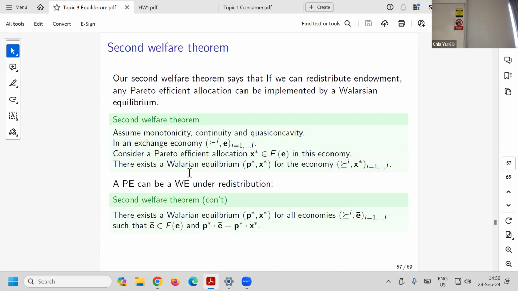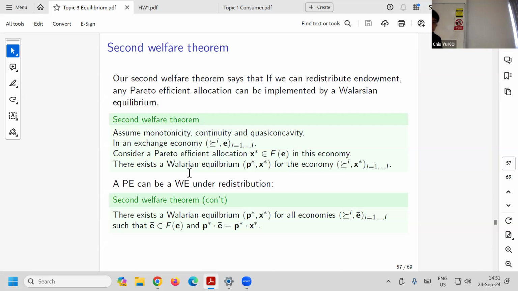But usually what we want to do is saying the market is going to deliver efficiency, productive efficiency, and any productive efficiency can be implemented by the market. So usually we want to have this duality here, right? That's to demonstrate the system is good. So basically to say there's something the market can do is good, and the market can do most of the things you want.